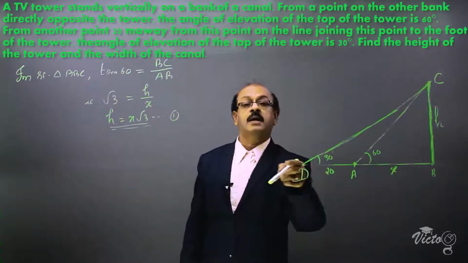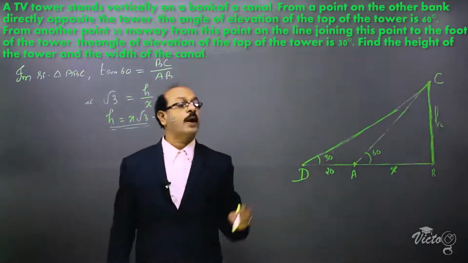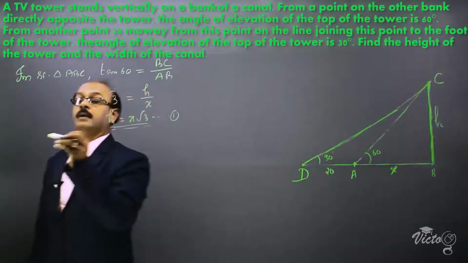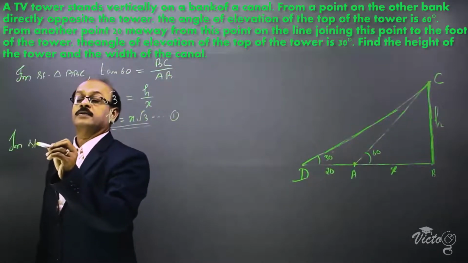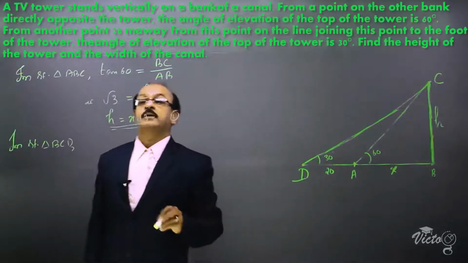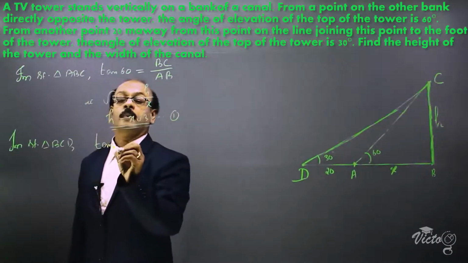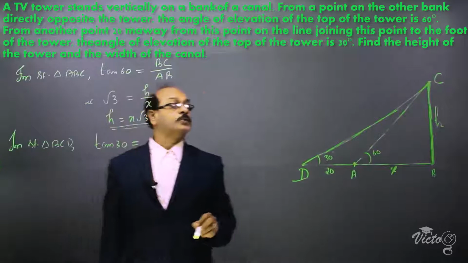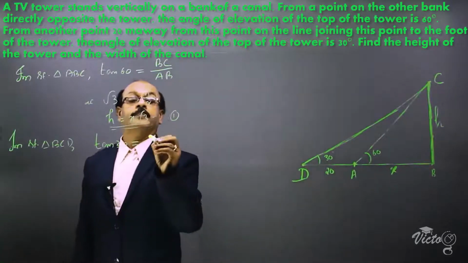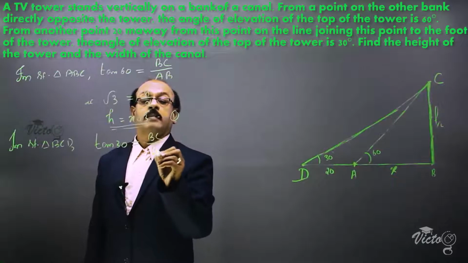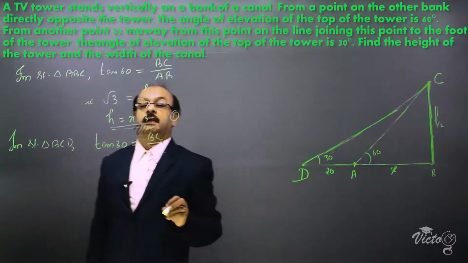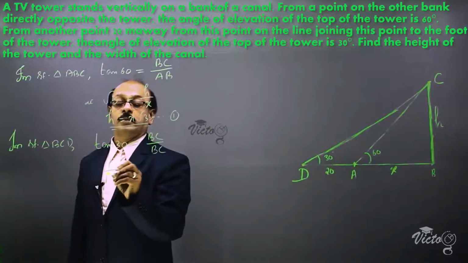Now, in right triangle BCD, BC is the opposite side of the 30 degree angle and BD is the adjacent side. So tan 30 is equal to opposite side by adjacent side, BC by BD. The value of tan 30 is 1 by root 3.